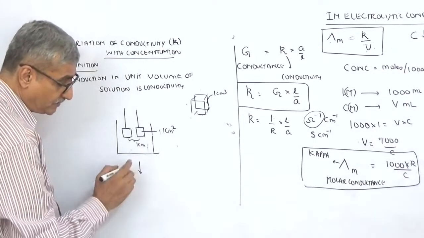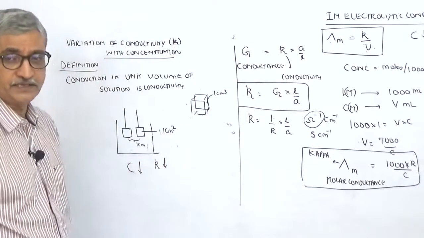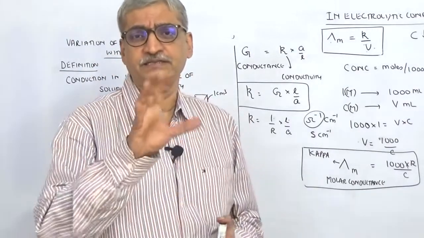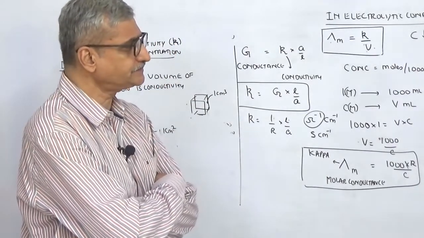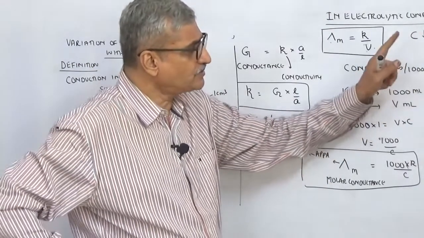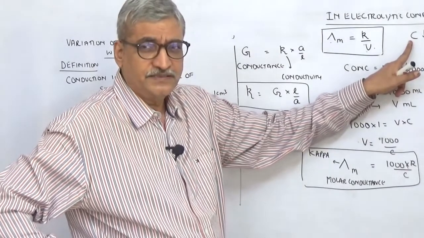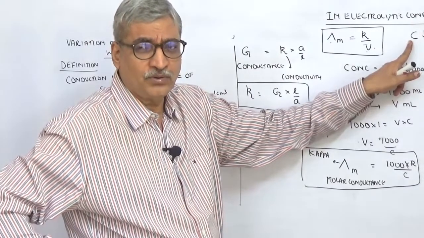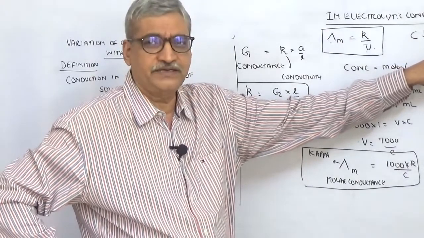Concentration decreases, conductivity decreases. So understand these two sentences. Very frequently interchanged and asked. So when we come to molar conductivity, as concentration decreases, more and more of the electrolyte is dissociating, so the molar conductivity increases.